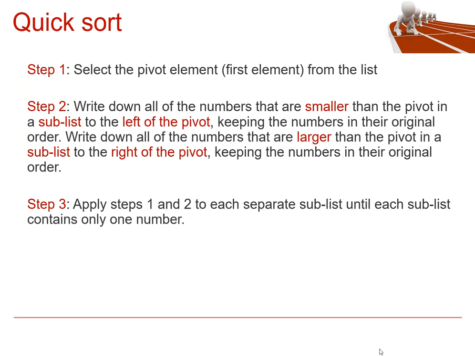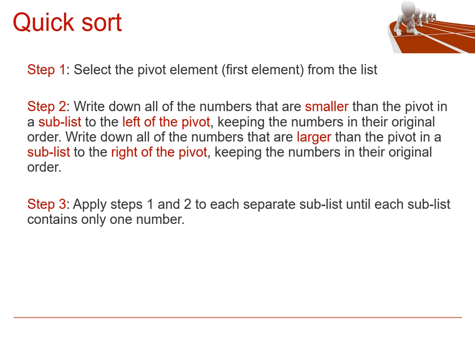So this is the algorithm itself. Let's have a read through this. If it doesn't make complete sense yet, don't worry, it will when we see an example. So the first thing that we do is to select the pivot element, and that's going to be the first element in the list. And then for all the other numbers, we look at them in turn and see whether they are smaller than the pivot or larger.